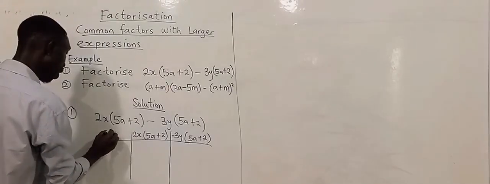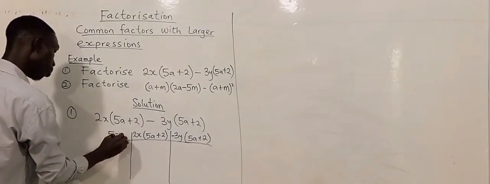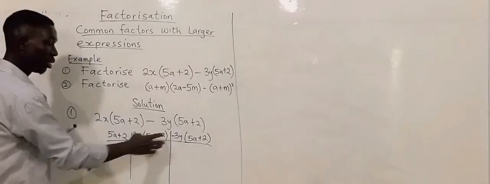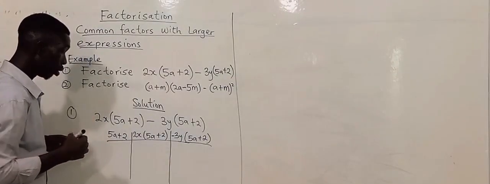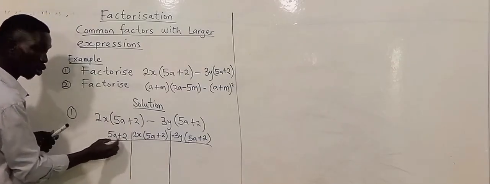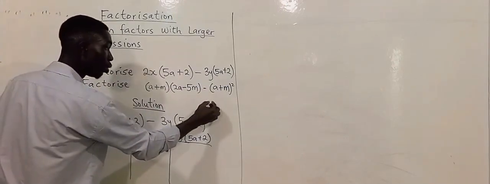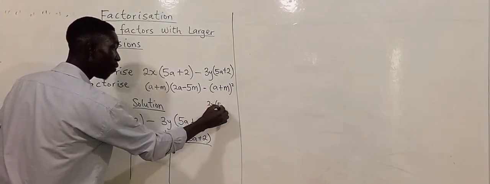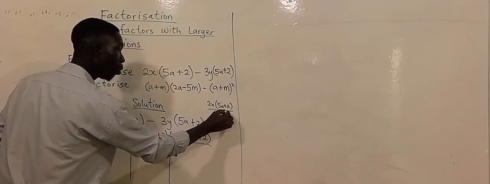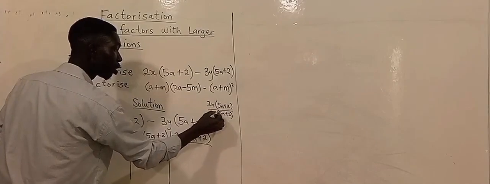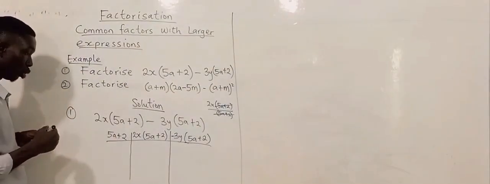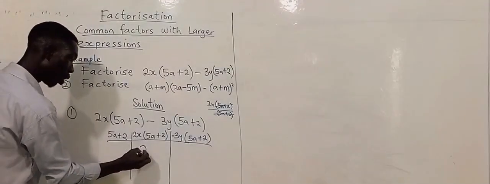So we can use 5a plus 2 to divide both terms, right? So 2x into 5a plus 2 divided by 5a plus 2: you discover that 5a plus 2 will cancel out with 5a plus 2, and so we'll be left with 2x here.